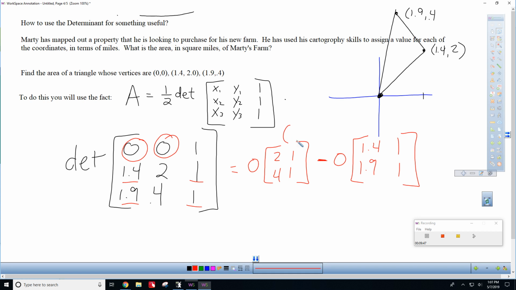Keep in mind, this is 0. We know 0 times anything is 0. And then we are going to add 1 times those. So obviously 1/2 of that is going to be the answer. 1.4, 1.9, 0.4.